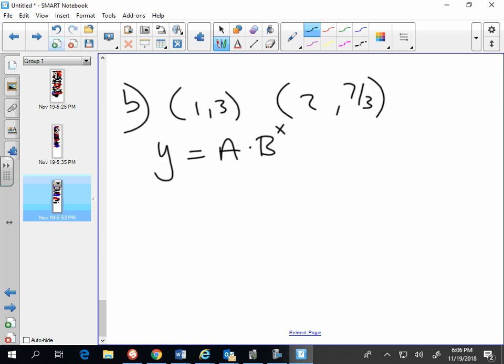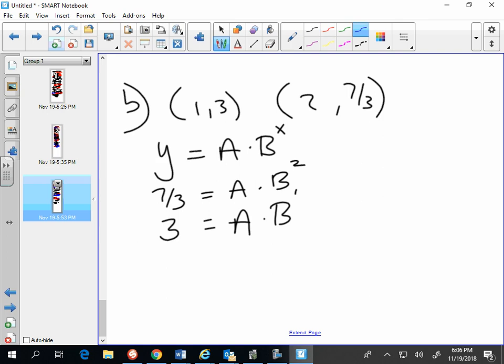All right, so what can I do? Well, I can plug in an x value and a y value, and I'll see 3 equals a times b to the first. And I can do that with this ordered pair as well and say 7/3 equals a times b to the second. Now I've got two equations with two unknowns.